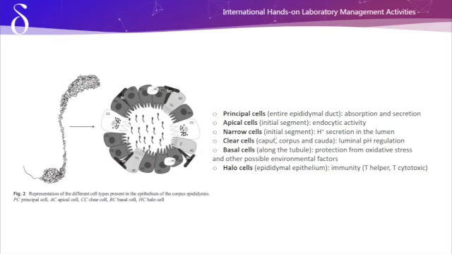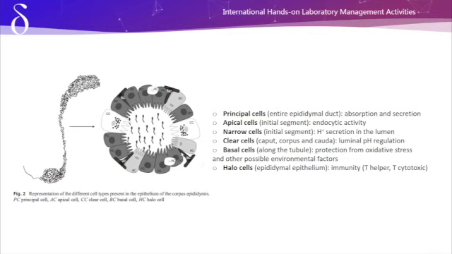Narrow cells, which are also present in the initial segment, are involved in secretion of hydrogen ions to acidify the pH in the lumen. Clear cells here are present in the caput, in the corpus, and in the cauda, and are also involved in the luminal pH regulation.